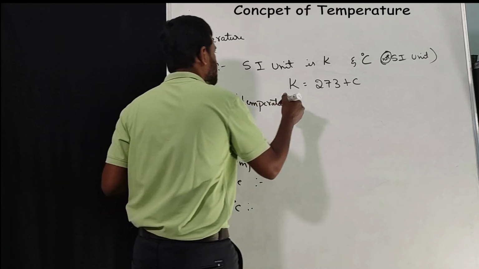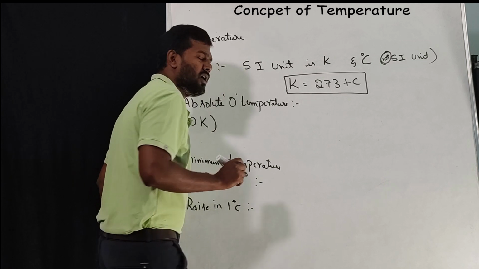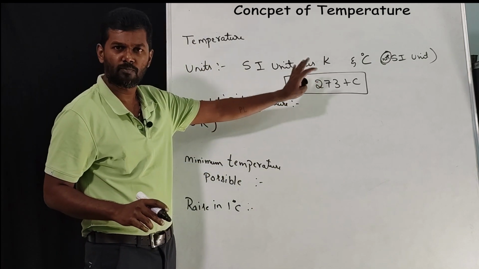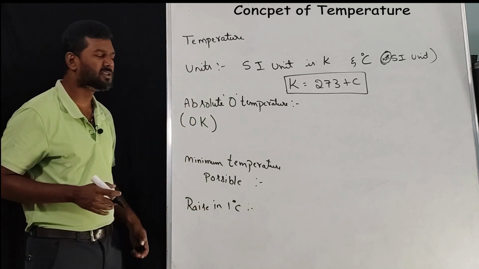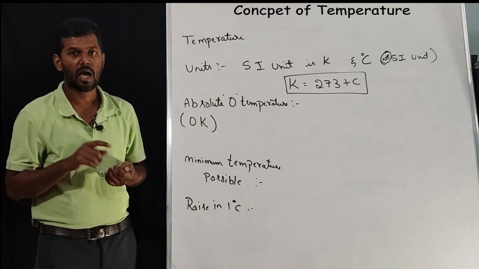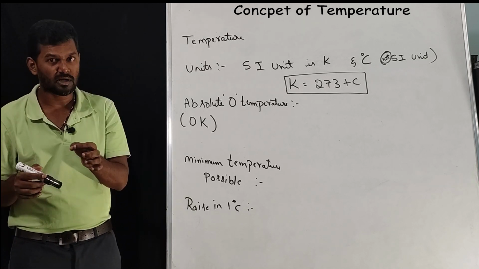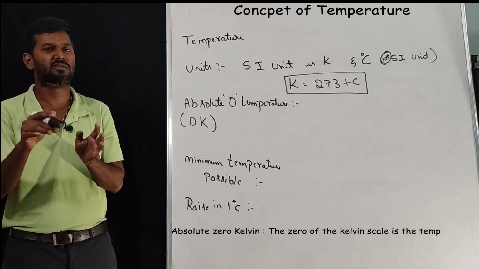They are not going to ask you to convert from Kelvin to Celsius or Celsius to Kelvin. But you should know the relation between Kelvin and Celsius. Now we'll talk about absolute zero temperature. The zero of the Kelvin scale is the temperature at which the molecular motion ceases. Ceases means stops.